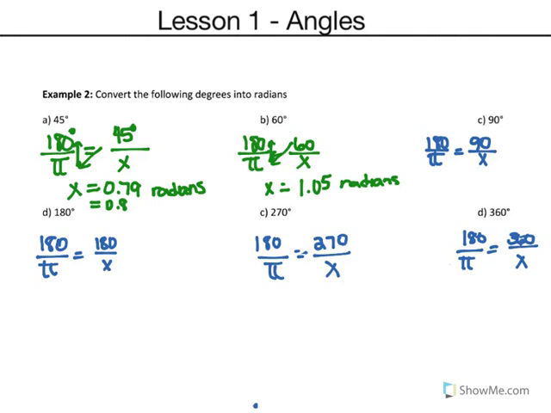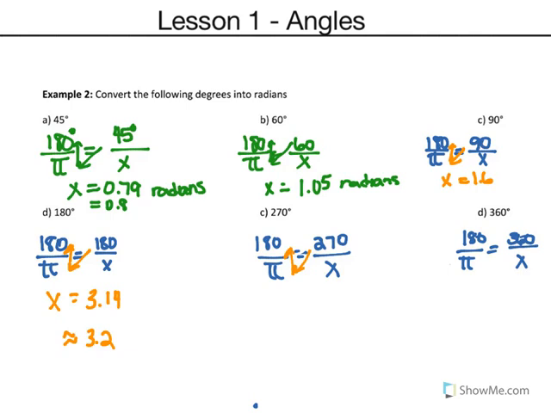Okay, so you should have set up your fractions like this. Cross multiply and divide. For 90 degrees, you should get x equal to 1.6 radians. For 180 degrees, cross multiply and divide, you will obviously get x equal to 3.14. We often round this to 3.2.